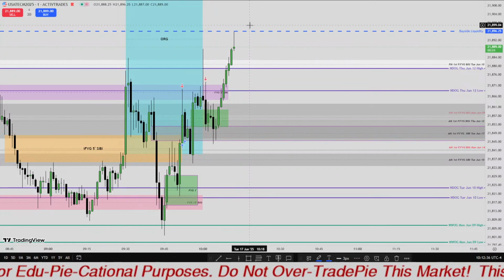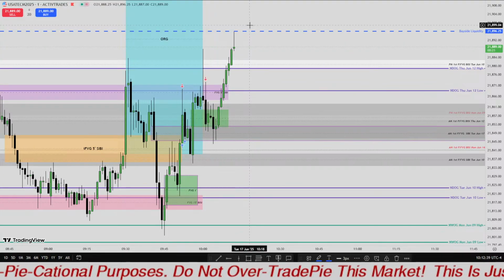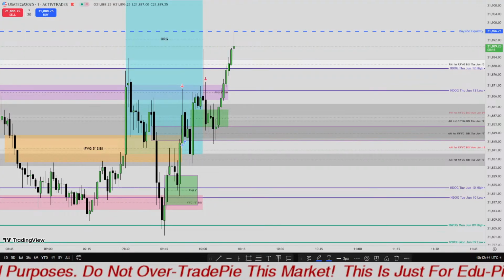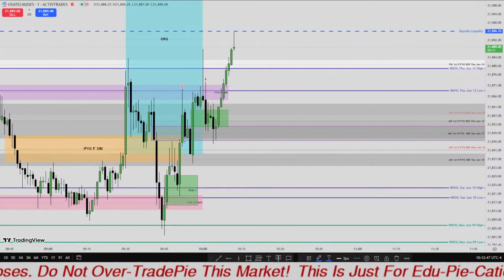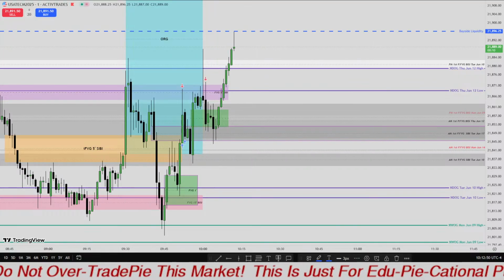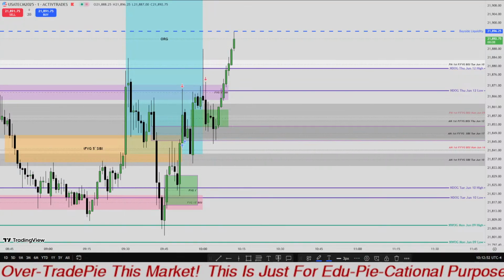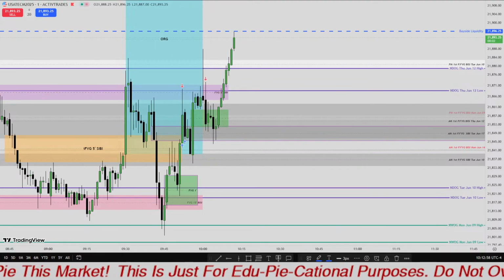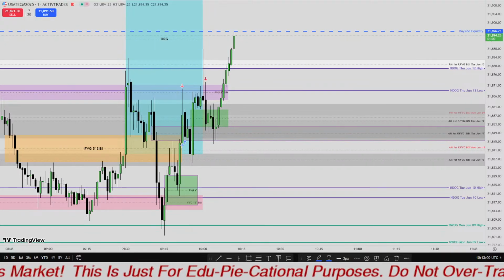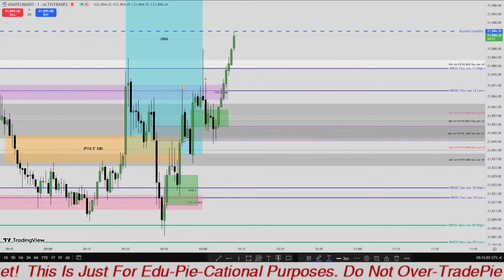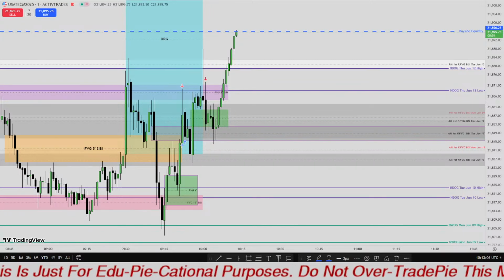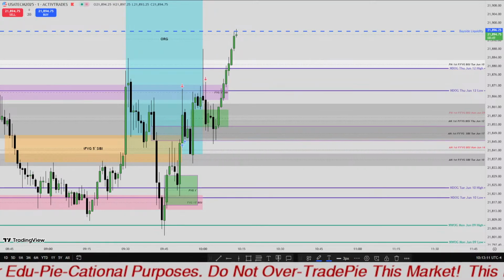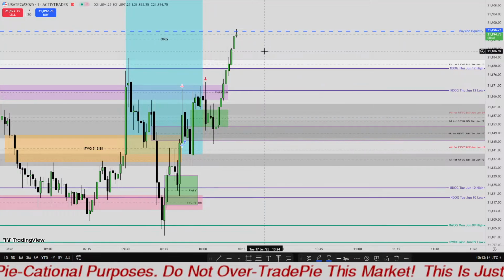Still I didn't lose anything. And now you can see the market is trading around the buy side liquidity.